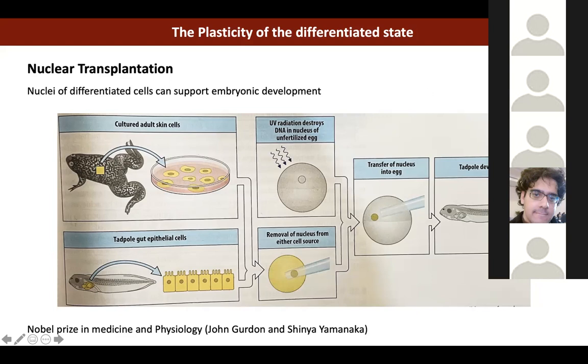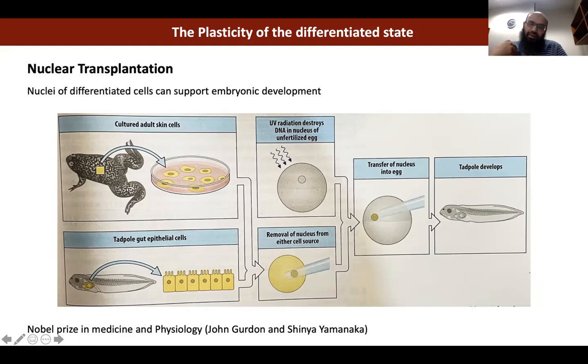Radiation is a very high form of energy, and it destroys the DNA. It creates double-strand breaks, which are the most lethal lesions. So when you irradiate cells by either UV or by stronger radiation like gamma rays, you basically irreversibly destroy the DNA. Then you have an oocyte which does not have any of its own nucleus, any of its own genetic material.